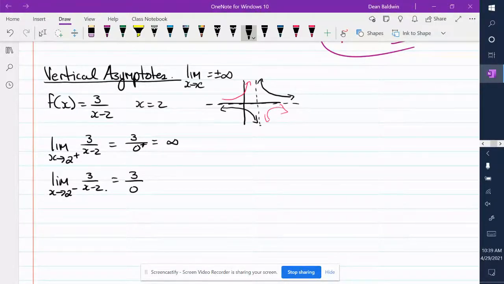So we're coming at it from the left side, coming this way. So it's a 1.5. 1.5 minus 2 is, I don't care what the number is, just tell me if it's positive or negative. Negative. So this would be a 0 negative. If you divide a positive number by a negative number, you get a negative infinity.